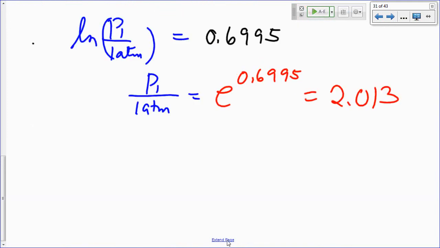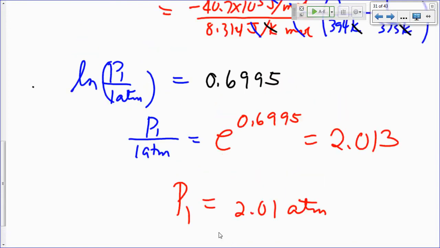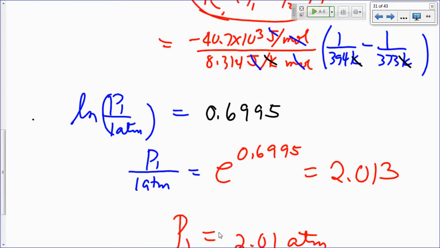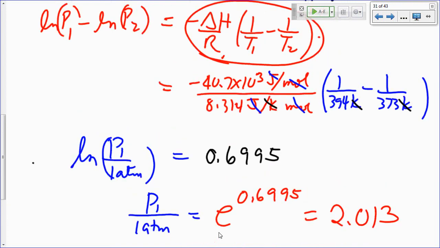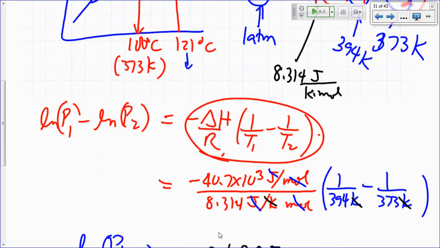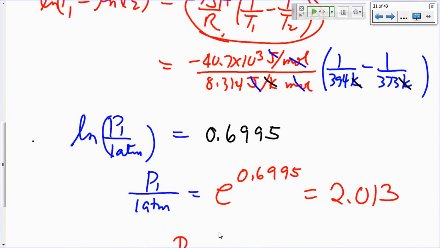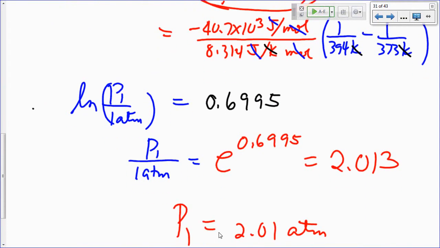And so P1 is equal to 2.01 atmospheres. So that's assuming I got all my numbers right. You see, you expect the pressure to be higher inside the pressure cooker.